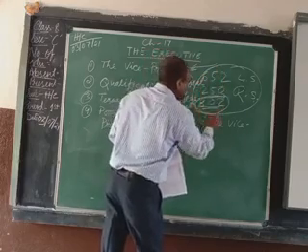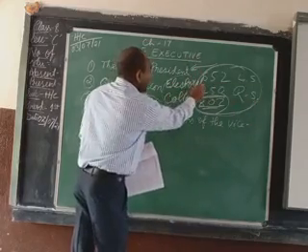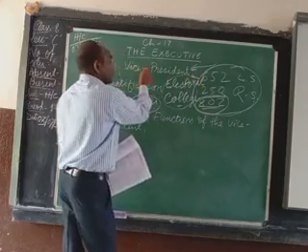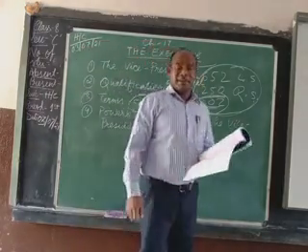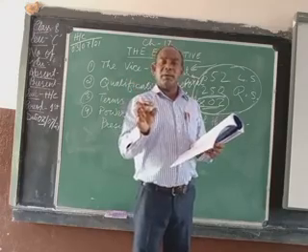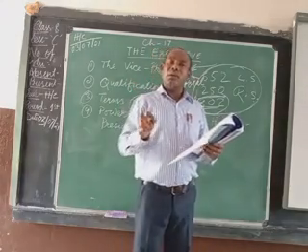These members are known as the electoral college and they cast their vote for the election of Vice President of India. They are not separate from the members of the Lok Sabha and Rajya Sabha; they are known as the electoral college.